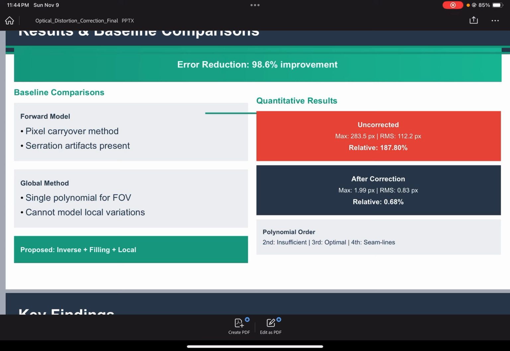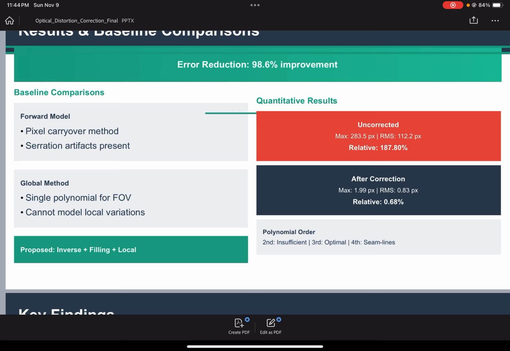you go over each input pixel and determine where it should be placed in the output, and the problem is serration artifacts.